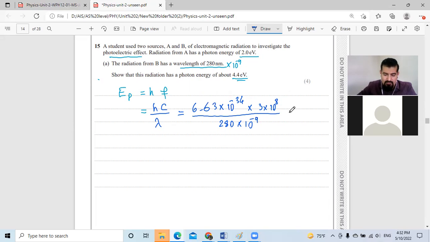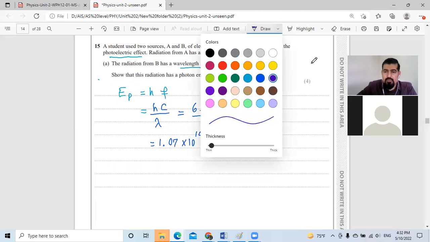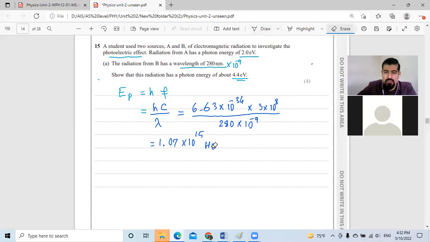And the answer, by using this formula, will be how much? 1.07 times 10 to the power of 15 hertz. Now, this is in joules.